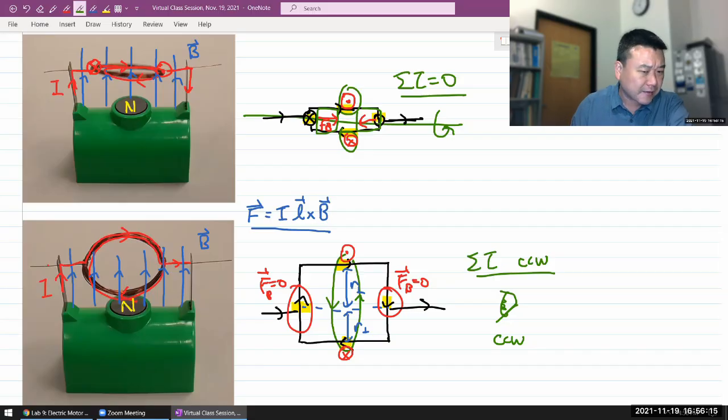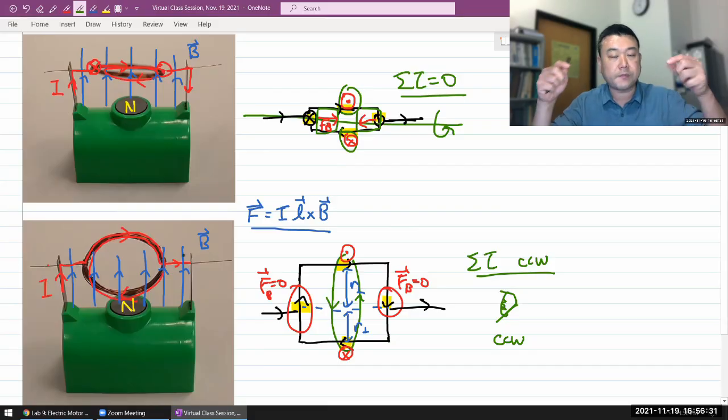And in terms of how this demo practically works, the direction in which it spins would also depend. Wait, would it depend on? It does depend on which side of this straight wire is stripped, because I'm supposed to strip only one side.